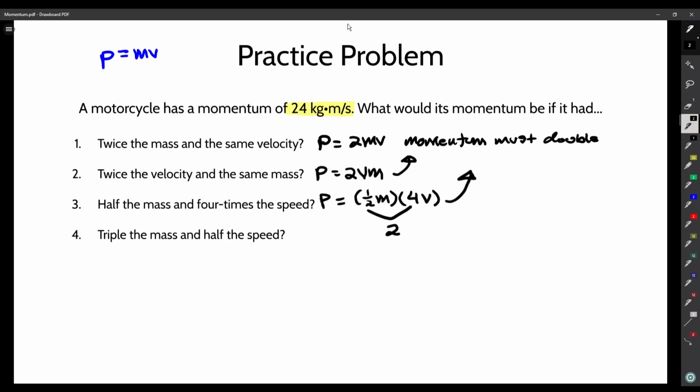Now we have a different one here. If we have triple the mass and half the speed, so we have P equals 3m times half the speed. Well, we can see here, 3 times 1/2 is 1.5.